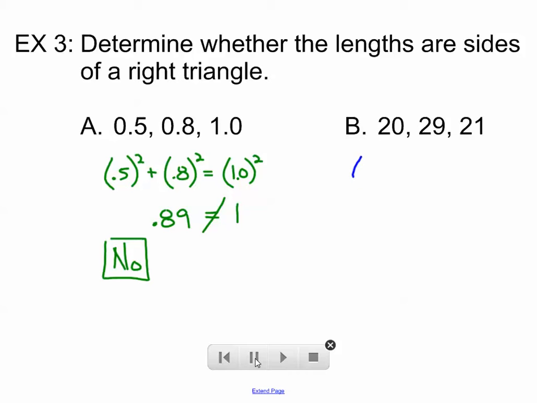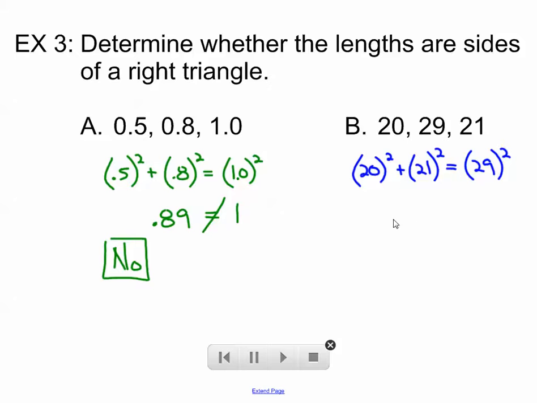Okay. How about this one? Leg 1 squared plus leg 2 squared has got to equal the hypotenuse squared if this is a right triangle. Now, trying to be tricky over here by putting these out of order, but remember that the hypotenuse has always got to be the longest side, so 29, the biggest number, has got to go in for c.